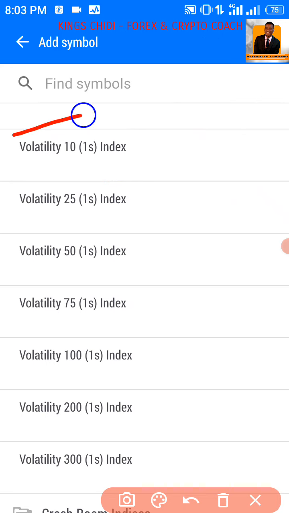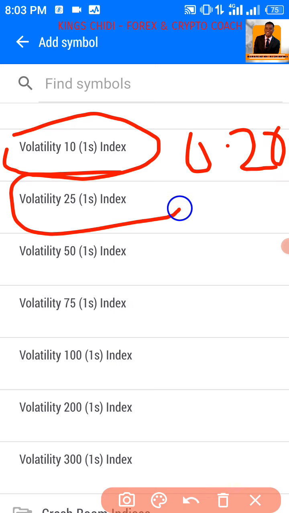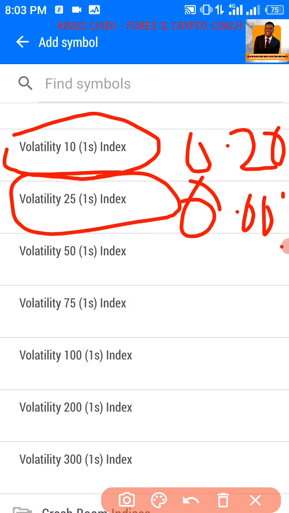Now volatility 10 1x, the lowest lot size is 0.20. You can trade this with even a $1 account, $2 account, $3 account. So volatility 25 is kind of volatile. It's like volatility 100 and 75. So this one, the lowest lot size is 0.005.